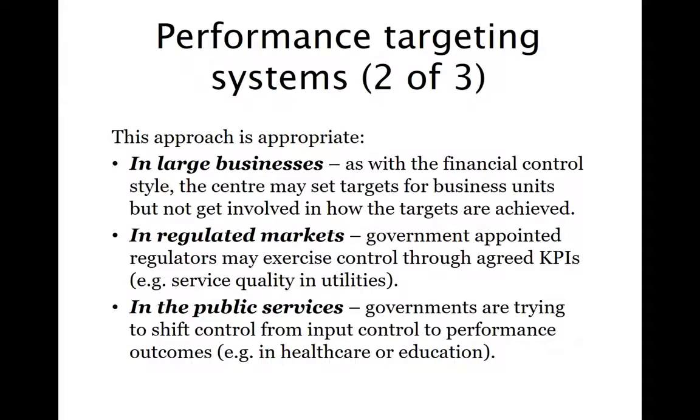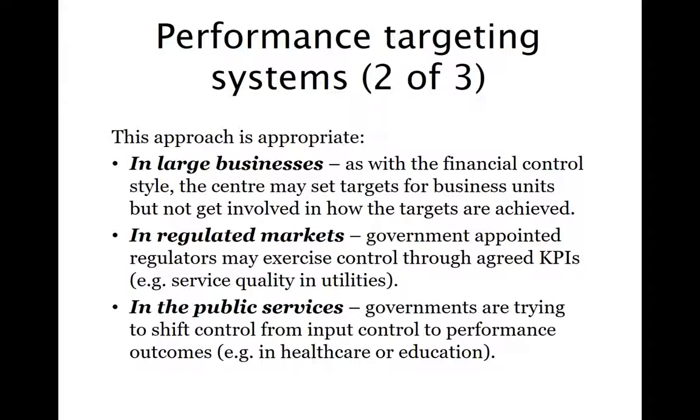In regulated markets where you have government owned or government influenced markets, let's say cabs, for instance, in Finland, or railways or airways, where you don't have a perfect market, government has to set certain KPIs, for instance, or utilities, electricity networks.